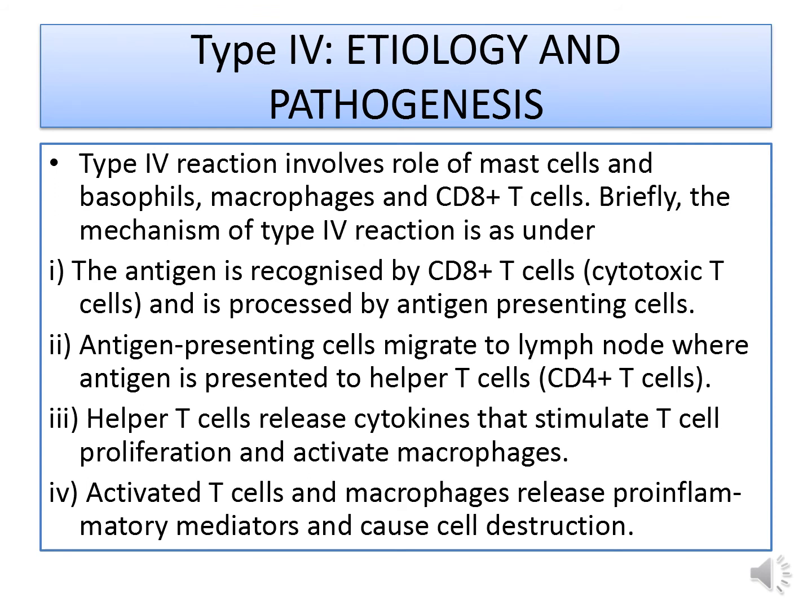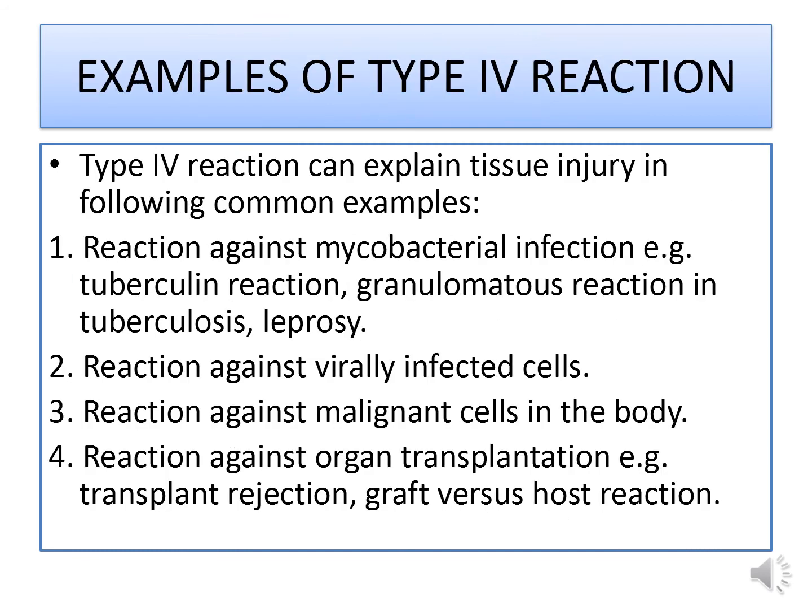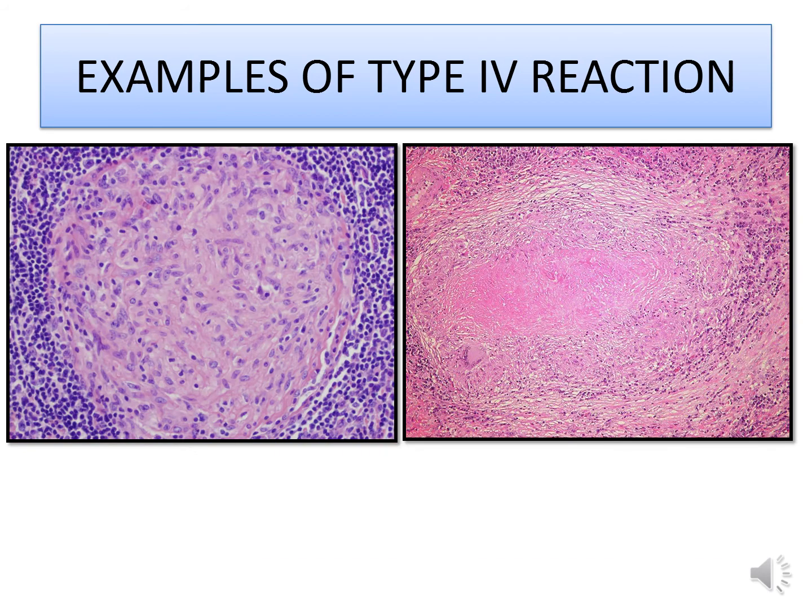This reaction involves the mast cells, basophils, macrophages, and CD8 T cells. Examples are the following: reaction against mycobacterial infection in case of tuberculosis, leprosy, reaction against virally infected cells, against malignant cells, and against organ transplantation.